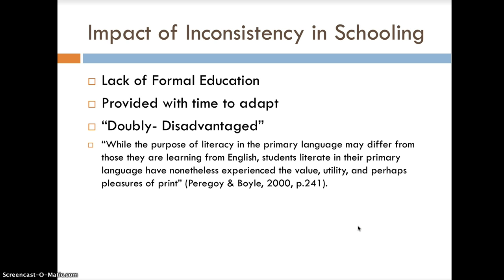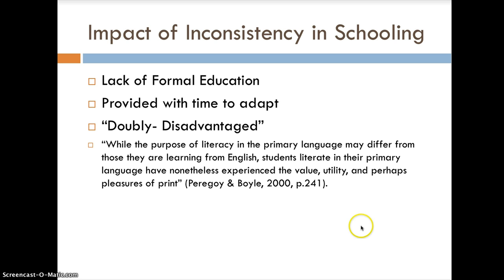Impact of inconsistency in schooling. Lack of formal education is something that can be a challenge to EL students. They may not have the background schooling knowledge that other students may have when coming into a classroom. Teachers can't assume that a student knows exactly how to learn and how to work in a schooling environment.